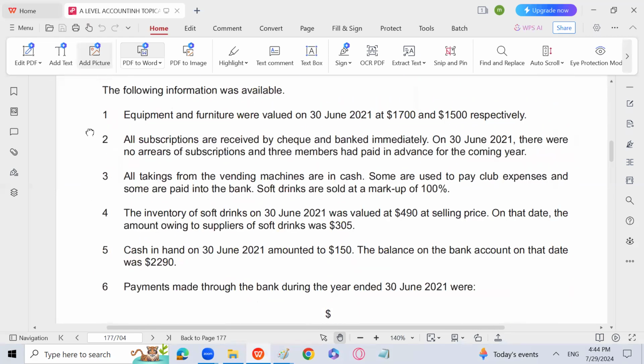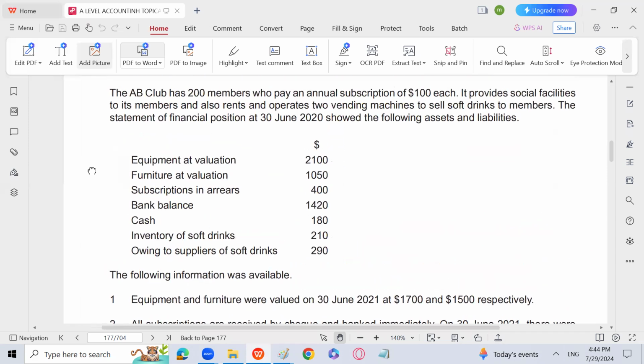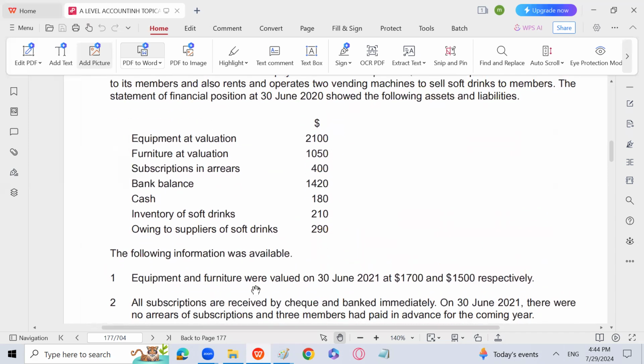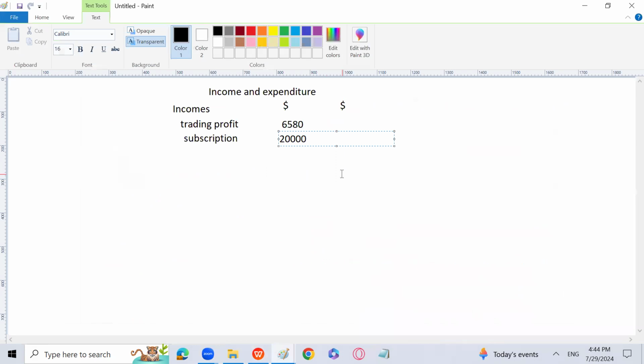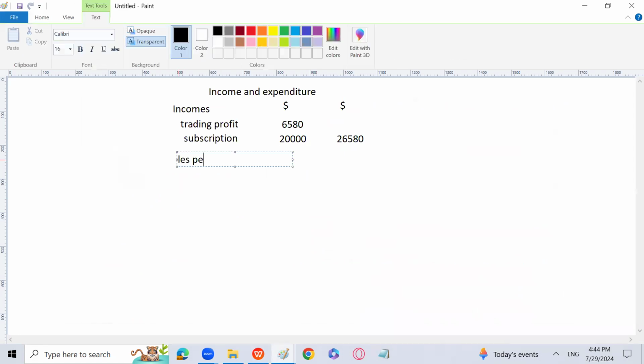I don't think there is any other income which is supposed to be written in it. So let's go for the expenses. Total will be 26,580 of the income, less expenses or expenditure.